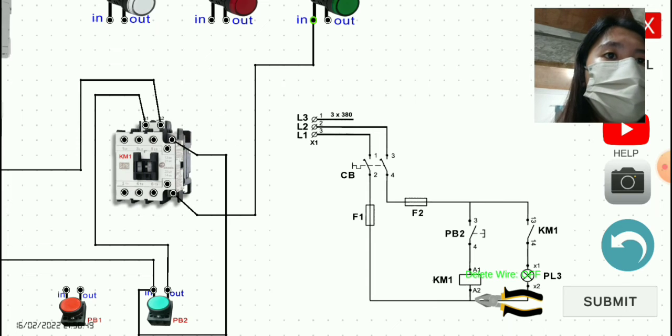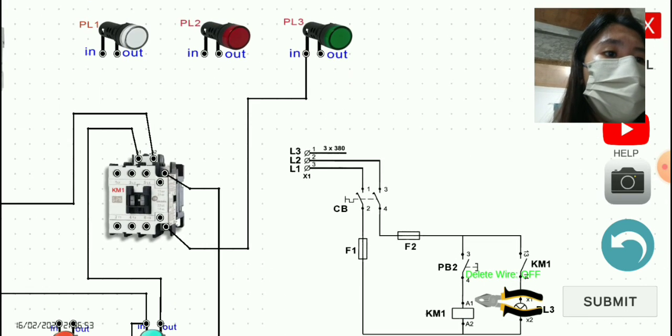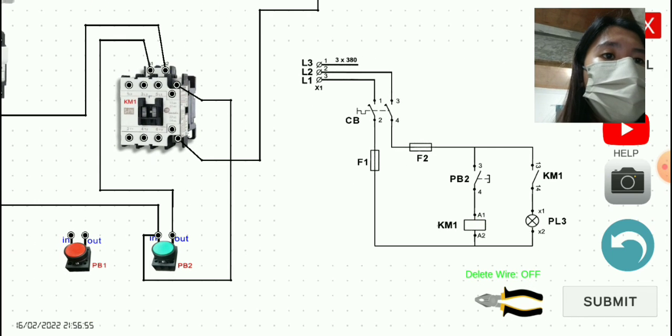Then our X2, the output of the PL3, we would connect to fuse 1.